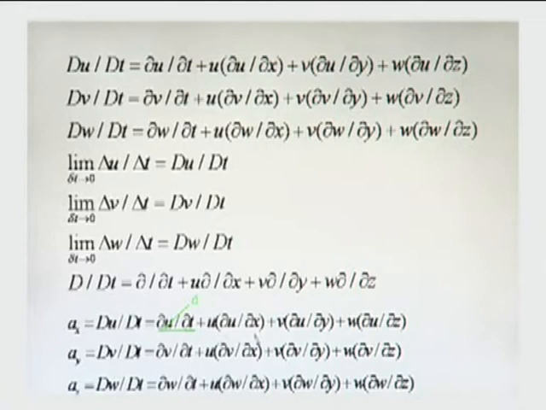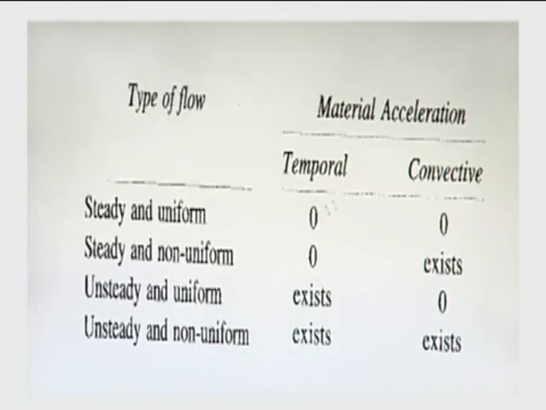If the velocity gradients in x, y, z direction are 0, then this term is 0, del u over del y is 0, and del u over del z is 0. So, it means that on the right hand side, local acceleration as well as convective acceleration both will be 0. Temporal will be 0 and convective acceleration will also be 0.